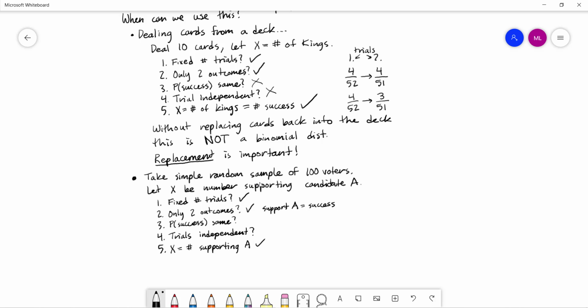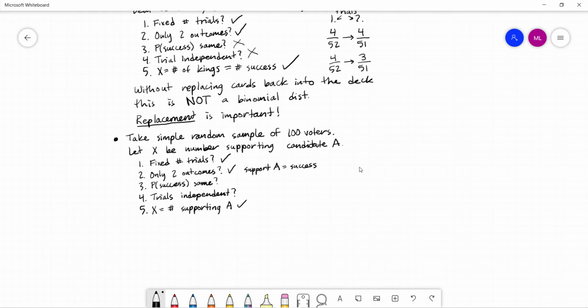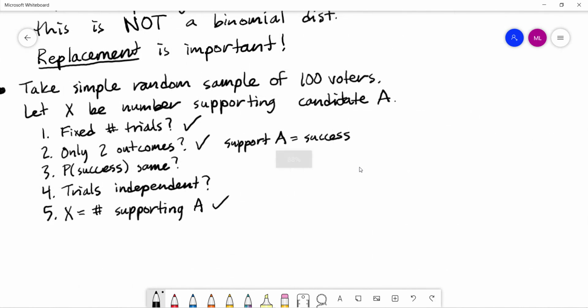Typically, the way that one of these polls is done, once you poll somebody and you ask them the survey, you don't put that person back into the pool of possible people that could be picked again. So both of these, the answer is no.